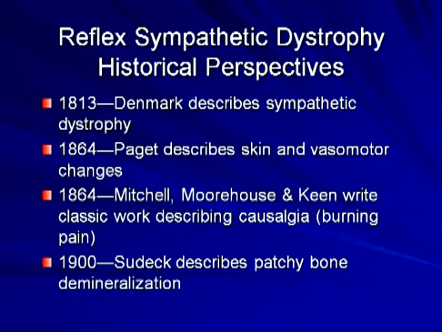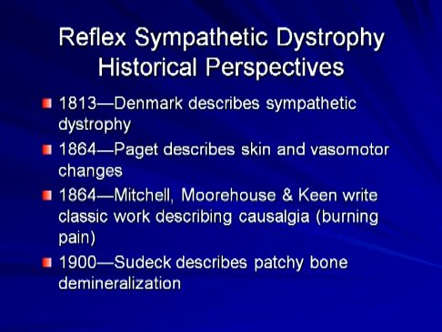In 1864, Paget described autonomic changes in patients with causalgia, the skin and the vasomotor changes. So that was the first description of this in detail, and he primarily focused on the skin and vasomotor changes associated with the syndrome.